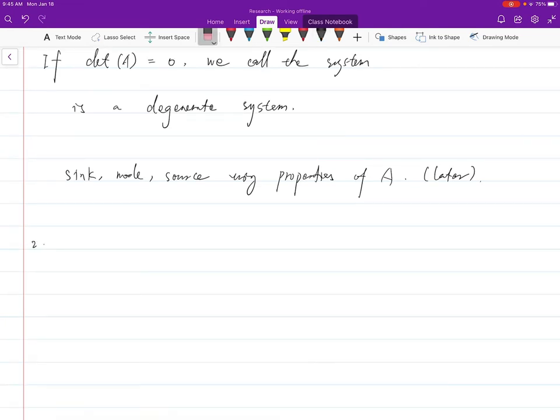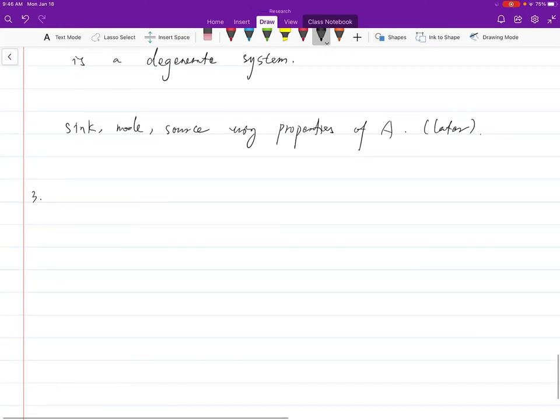Okay. Number 3. Now we have the qualitative analysis for equilibriums and for type of equilibriums later. Now we want to talk about solving, actually finding the solution.